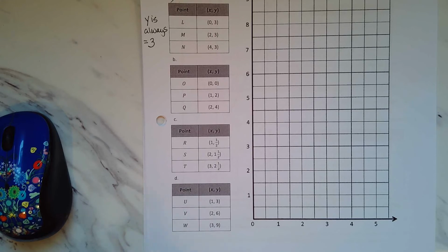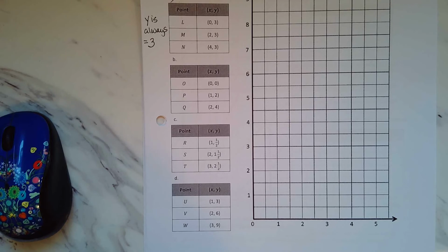So which chart shows every y coordinate is less than every x coordinate? Okay, I'll say it again. Which chart shows every y coordinate is less than every x coordinate? Every y coordinate is less than the x.